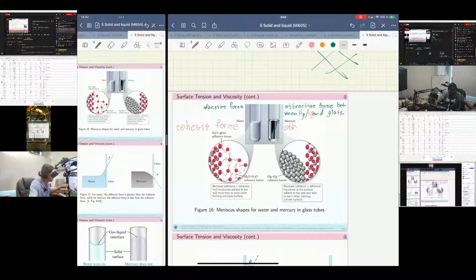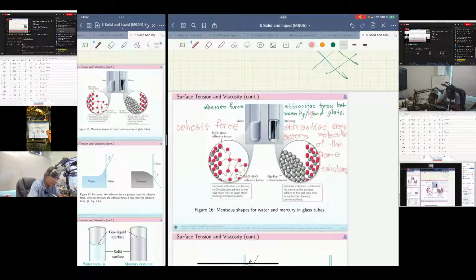It's a kind of attractive force among several molecules of the same substance.